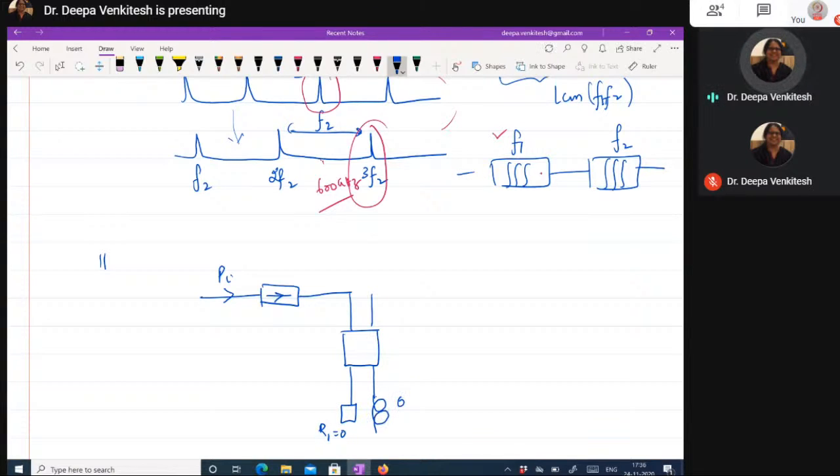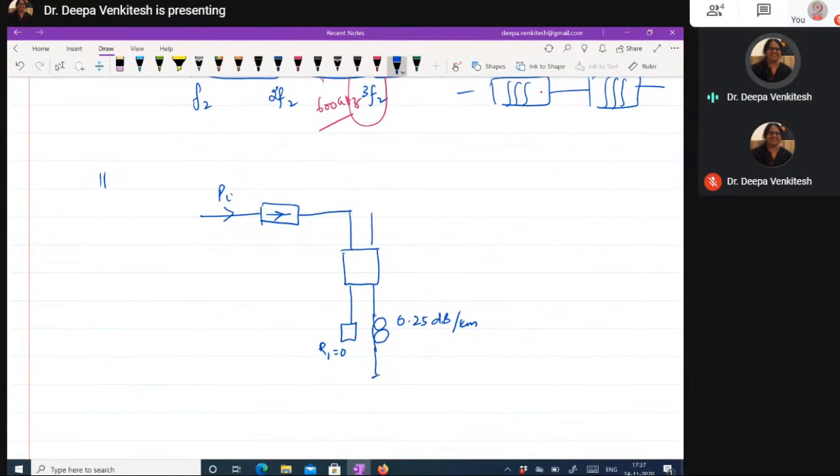Here again, the fiber loss is 0.25 dB per kilometer rather than 0.5 dB per kilometer. And then there is an R2, and then there is an isolator here again, and then there is a P0. The question is, optical power launched into fiber through this coupler is given to be 1 milliwatt.